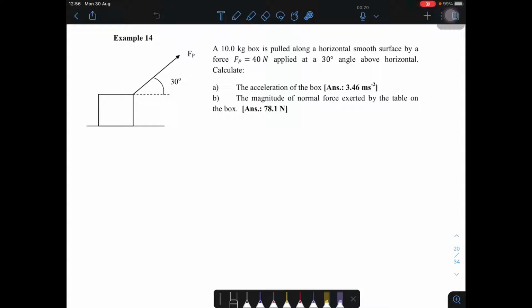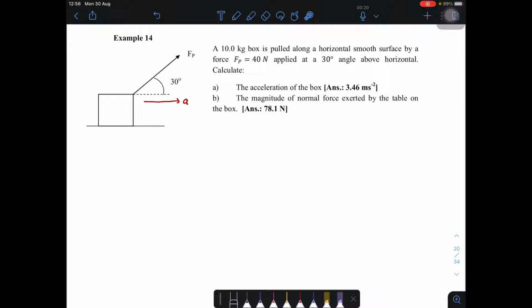Okay, so we have a box put on a table and an external force is pulling this box towards this direction. Meaning that we have acceleration, so the acceleration will be going towards this direction. And this external force is being pulled at a 30-degree angle.